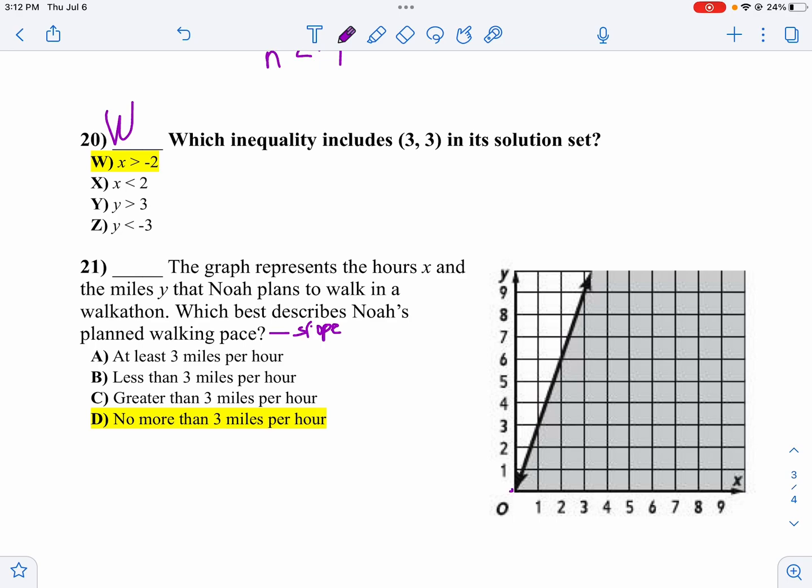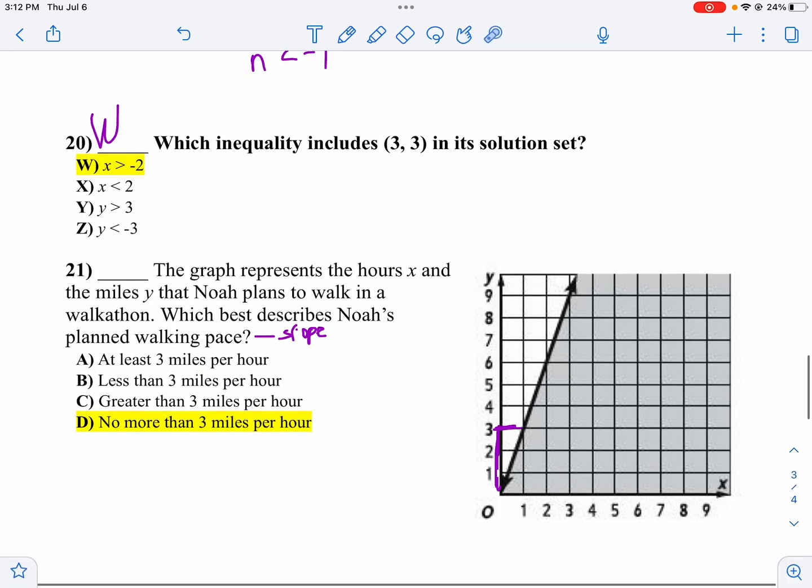So it looks like we go up 3 and over 1. And that'll be the shaded part, so it's going to have to be less than or equal to that. So my shaded part has to be less than or equal to 3. The one that means less than or equal to, notice B is less than, that would be a dashed boundary line. So it's got to be choice D.